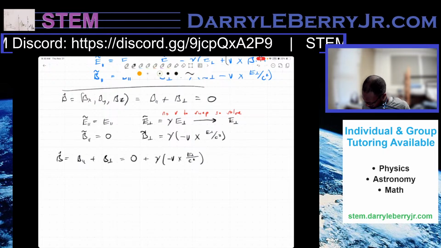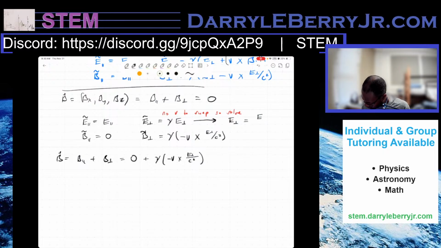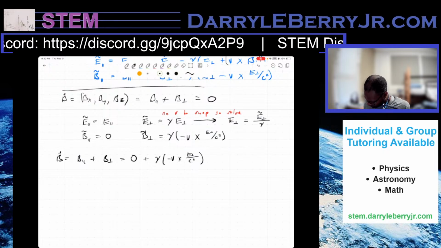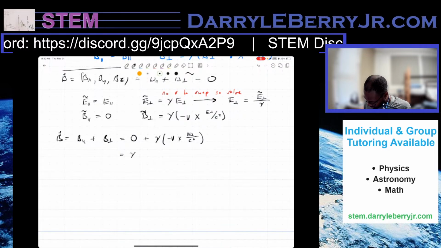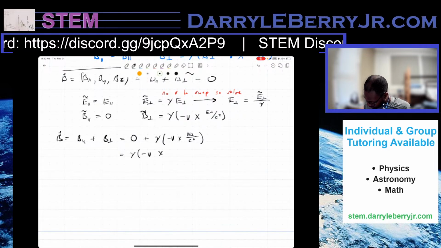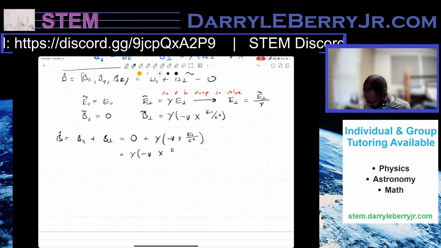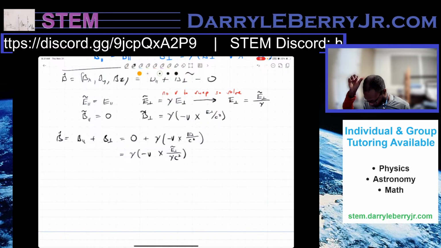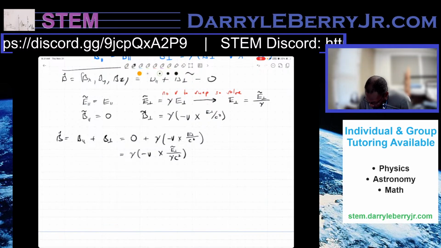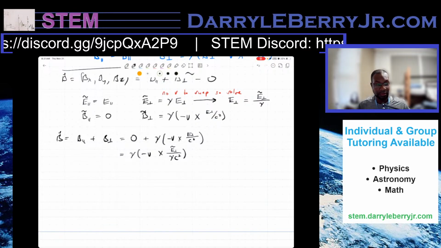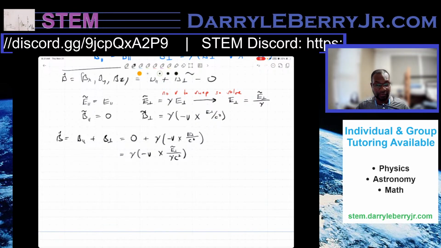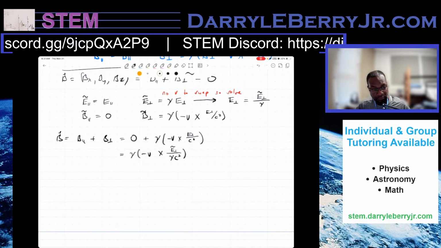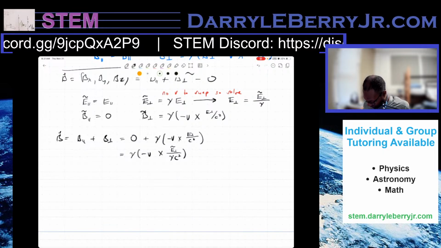So E perpendicular equals E boosted perpendicular over gamma. So this is going to become gamma negative V cross E perpendicular boosted over gamma C squared. And that will be needed to solve for. It's going to be in the boosted frame, so that's why we have to get the boosted in there.